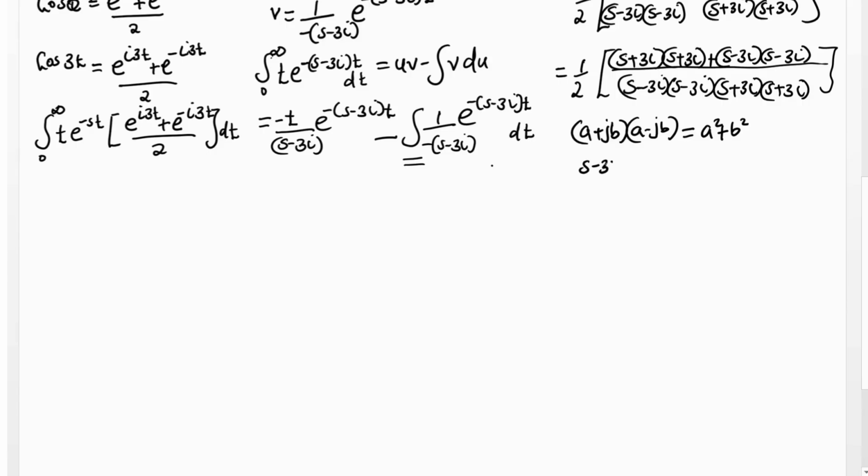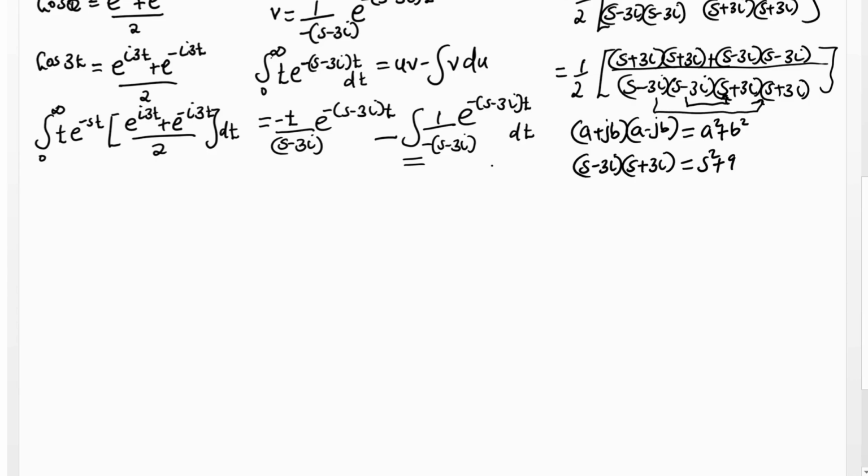So s minus 3i into s plus 3i is the same as s squared plus 9. We combine the first two, then the first one and the last one.